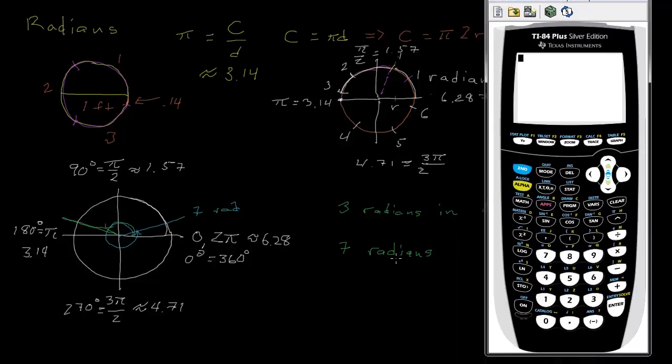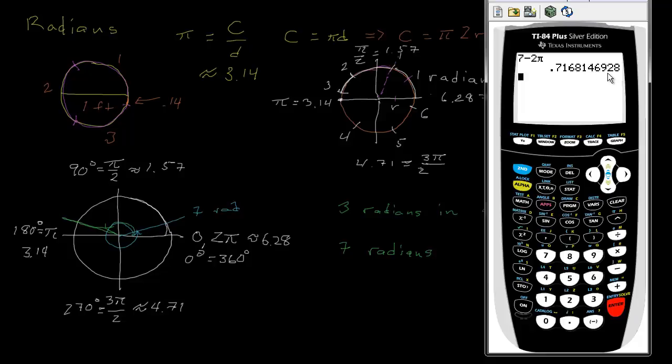7 radians. To figure out exactly where it is, I could say, well, 7 minus a full rotation, which is 2 pi, and that's equal to 0.71.